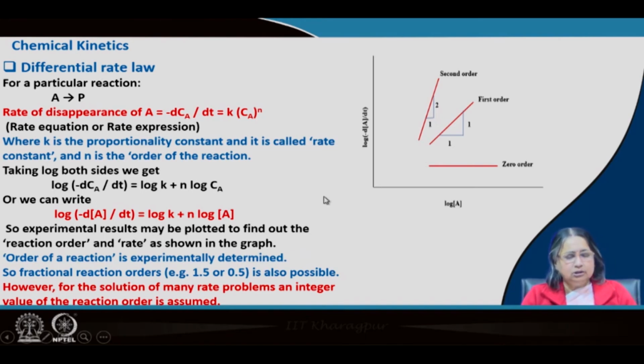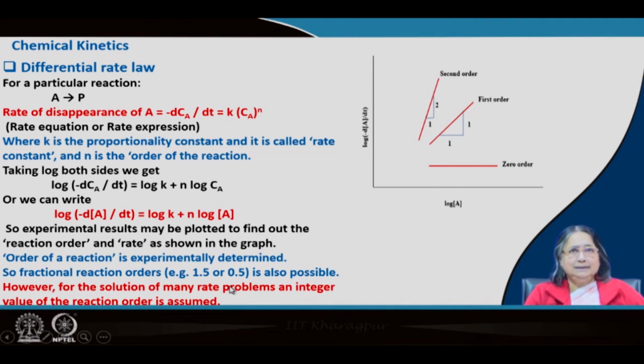And you also need to know that the order is some value you are obtaining from the experiment, so it may be either an integer or a fraction. For example, it can be 1.5, it can be 0.5 also. So, order can be a fraction also.